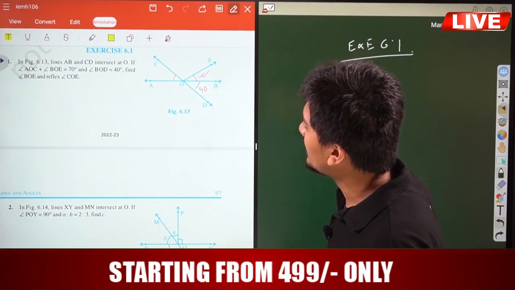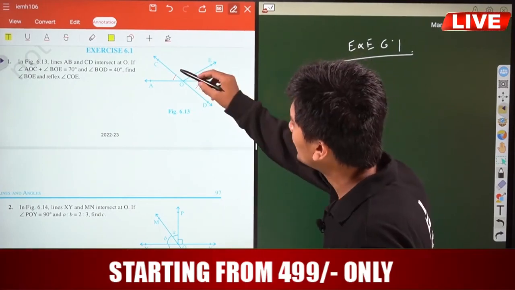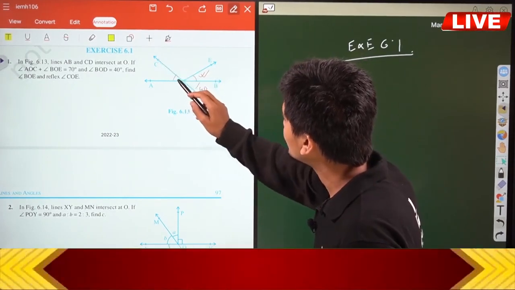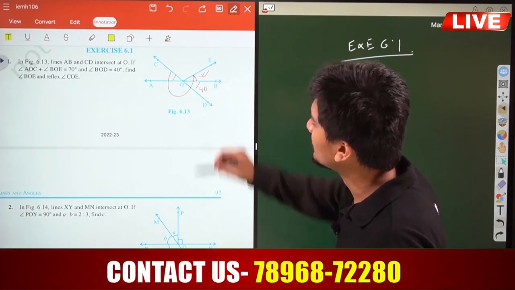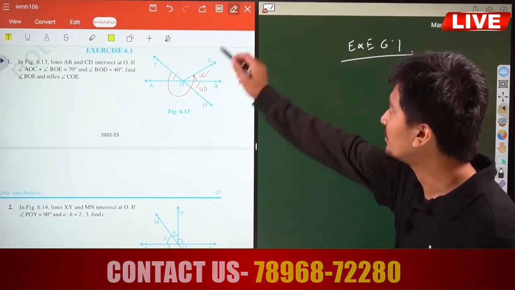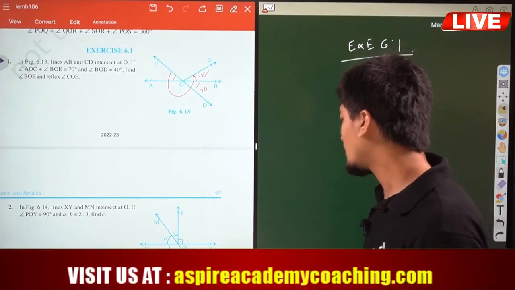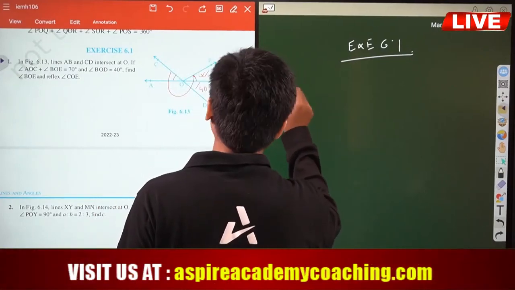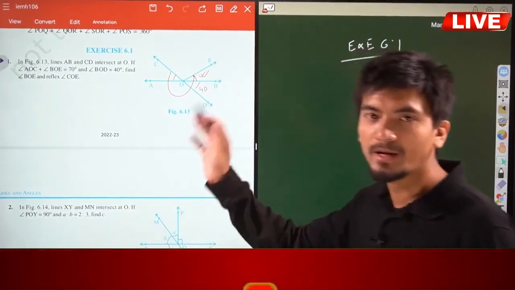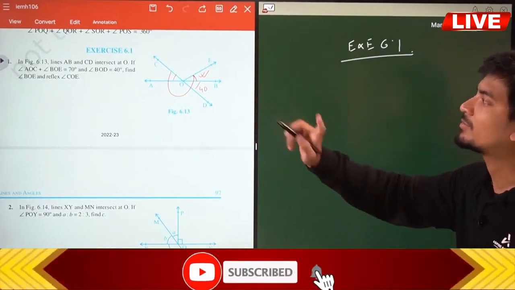First of all, we need to find this, and then we have to find the reflex COE. That is the reflex COE. Okay? So we need to find this. So how will we do it? From the given diagram, I will not draw the diagram. You just look at it from here.